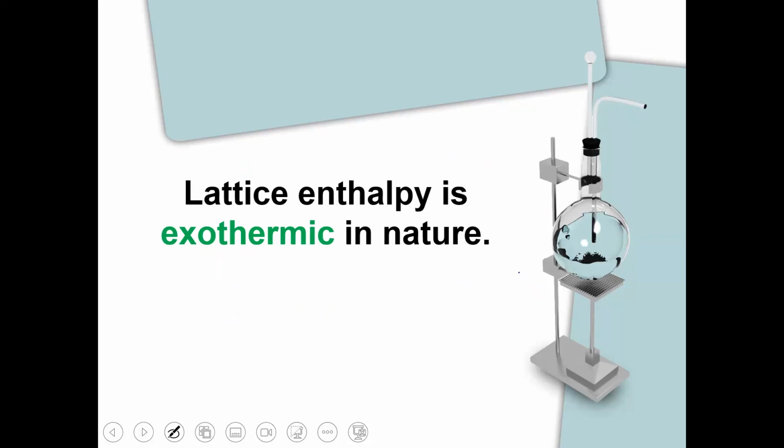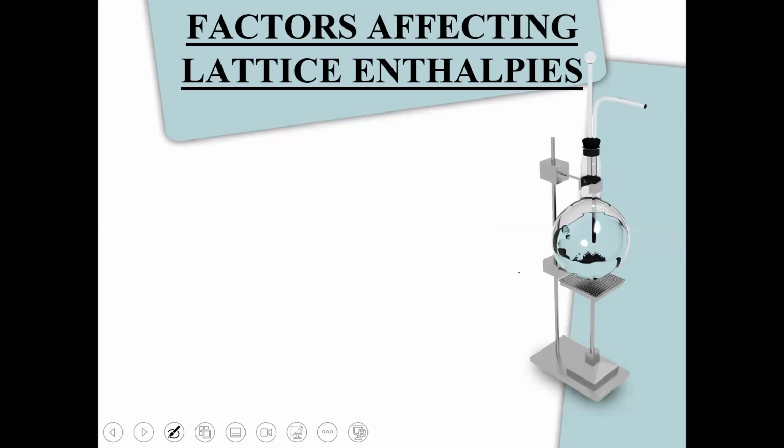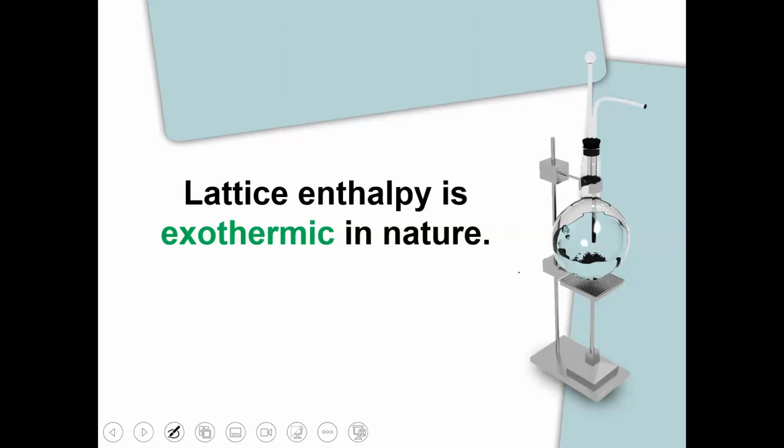Do you remember in AS chemistry, we had a concept that exothermic products are more stable than endothermic products, because if something is formed with energy loss, it will be at a lower energy level. A lattice actually forms when the process is exothermic. Now you have to copy this screen.